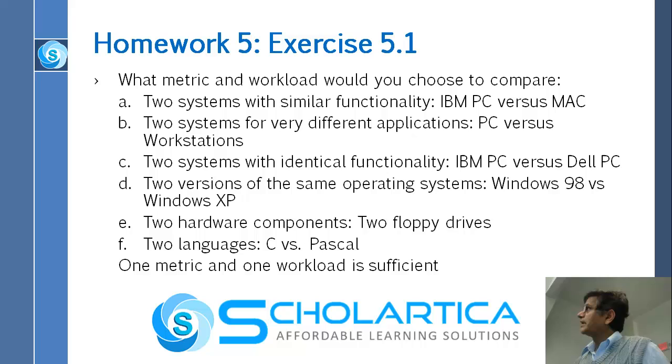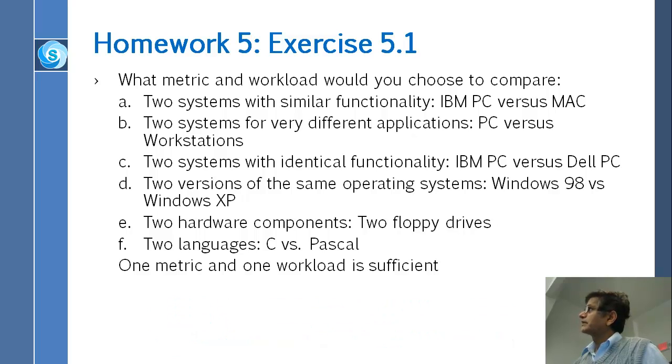Actually, we could have put here HP PC versus Dell PC, because IBM PC somehow is a class; sometimes people use it for Dell PC. Two versions of the same operating system, for example, Windows 98 versus Windows XP. Now I should change this example to Windows XP versus Windows 7 or something. Two hardware components, which means two floppy drives. Two languages, C versus Pascal.